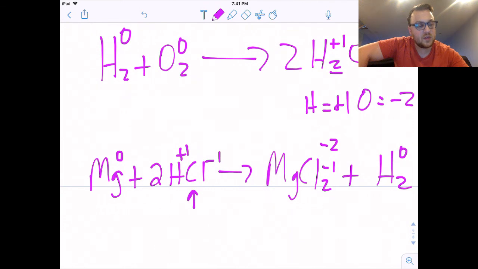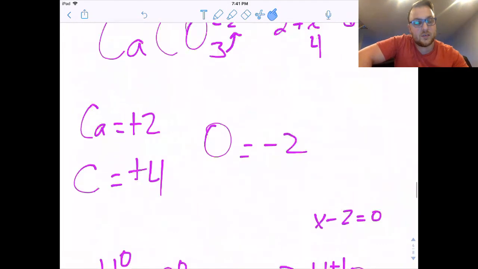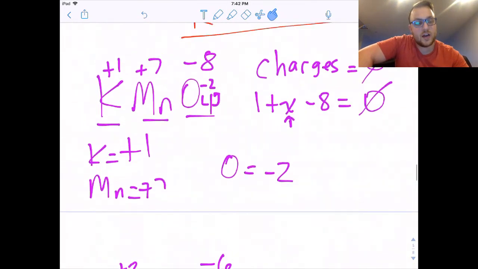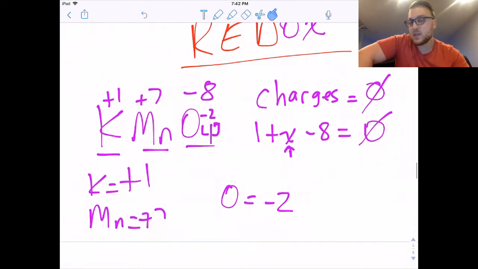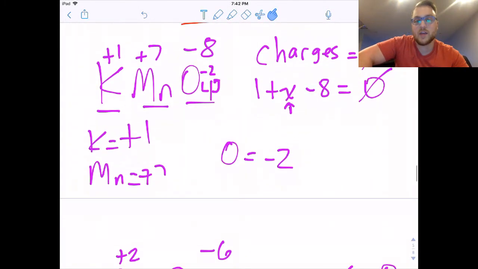So you need to be able to look at a reaction, pick the ones that are alone, and say those are 0 in terms of oxidation state or charge, and then look at the ones in the bond and do exactly what you did up here. Write down all your atoms, get the oxidation states from the periodic table. If it has multiple oxidation states, save that one for last.